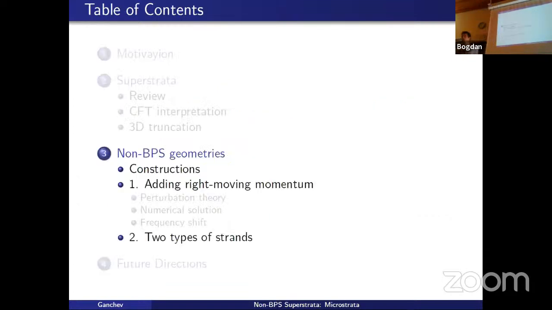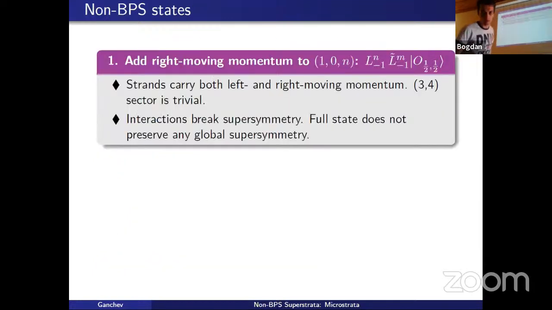Okay. I will move on now to the constructions that we've been making and attempting to do. I'll first start with the first one, on which the 3 papers at the beginning are based.